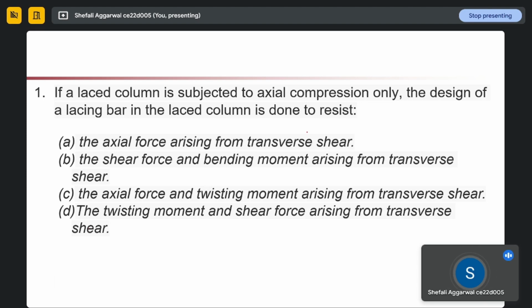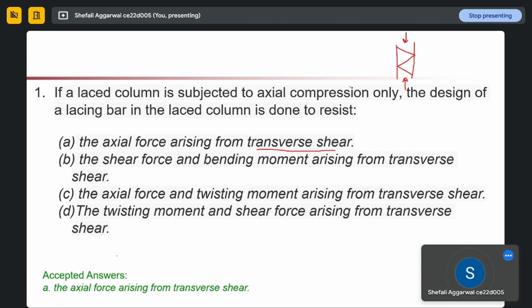It's a simple question. In the first slide only, we are seeing that we will have axial forces. Even in case of axial forces, our lacing system will be designed for the transverse shear, right? So what will be the answer? First one.